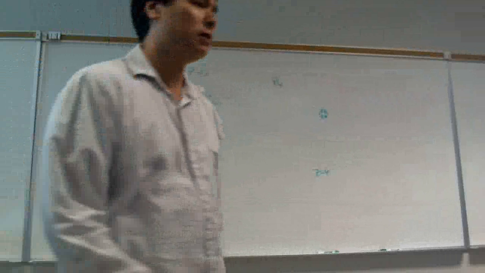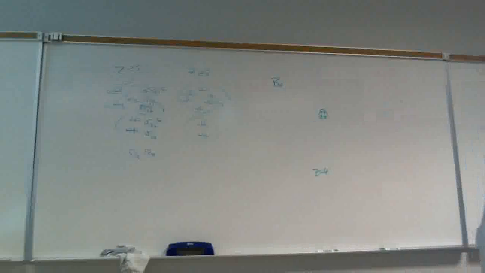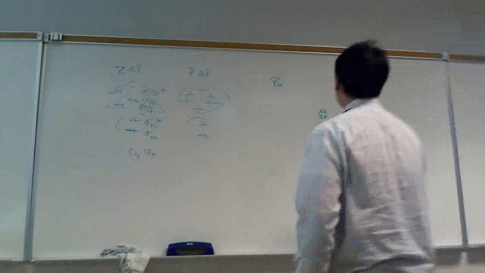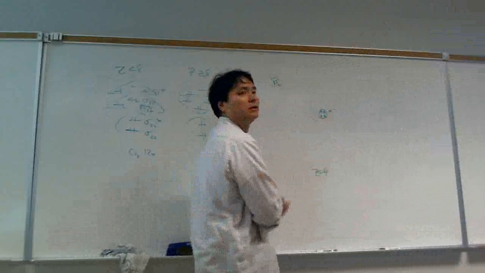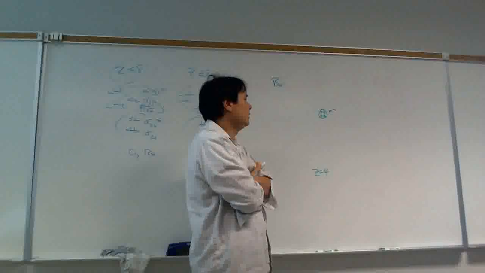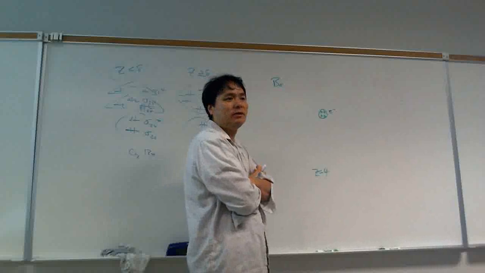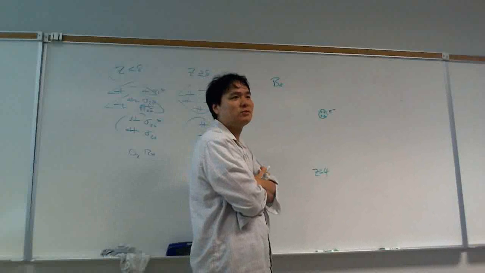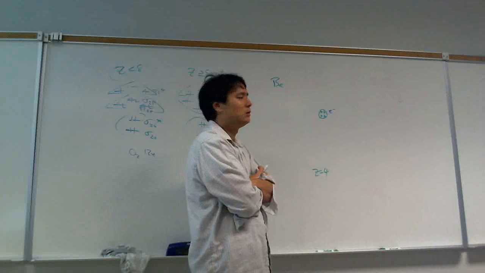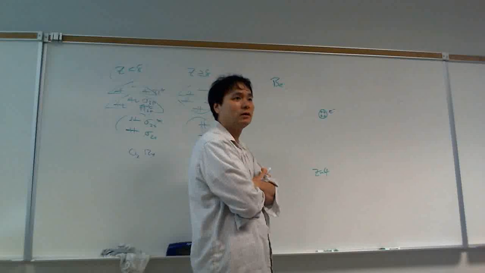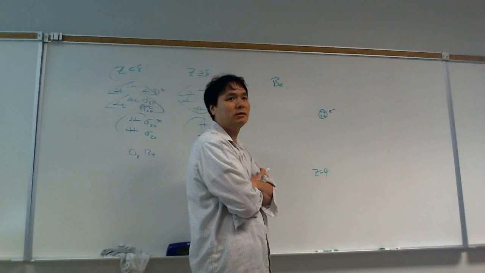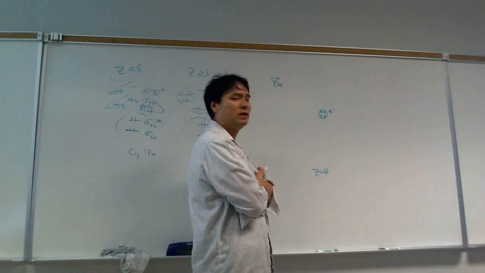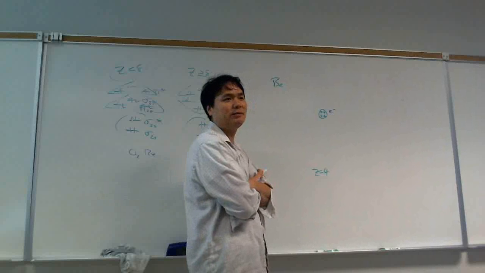How much charge will this 1s electron see? How much Z will that electron see? Just this 1s electron. +4. What is the Z effective? +4, because there's no shielding. And if it has 1 electron, there can't be any shielding, right?